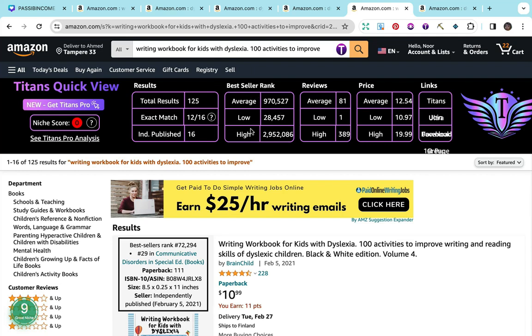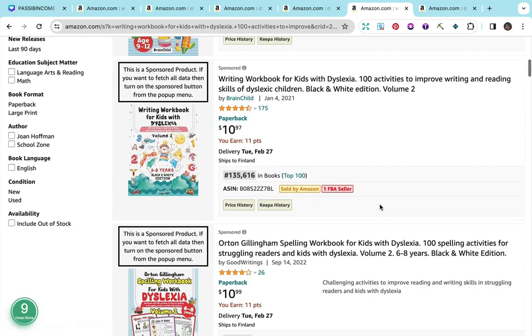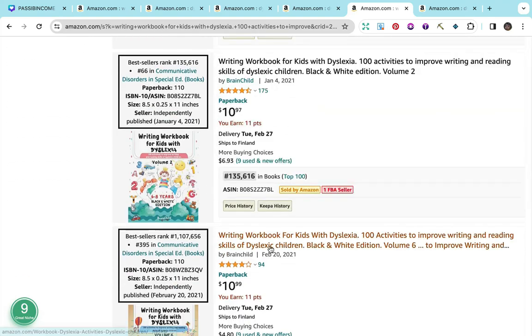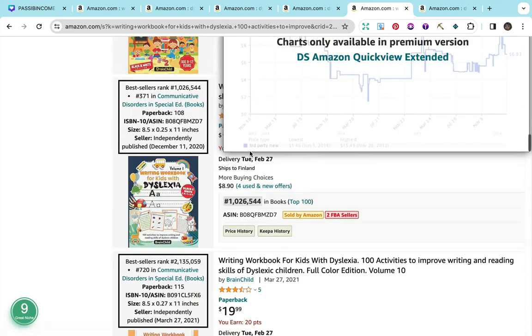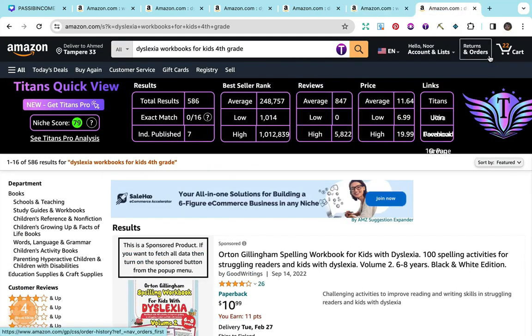Yet there is potential in this keyword for opportunity and profitability because of the good keyword niche score by Amazon's Canva Pro, total results being good, a really good price as well, and an acceptable reviews of 12. Scrolling down, we do have a couple of books that are ranking quite well, with the bestseller rank in acceptable ranges, so that is also a good indication.